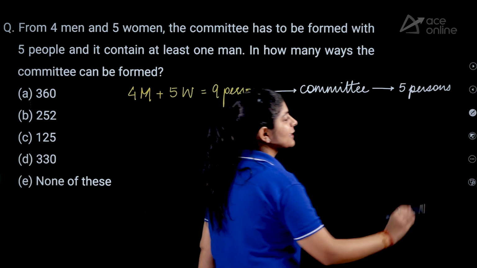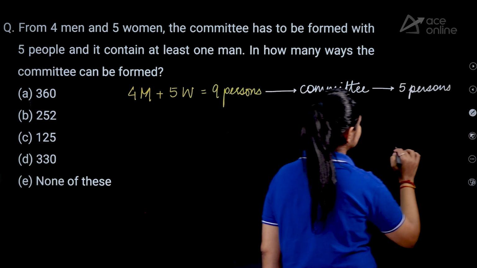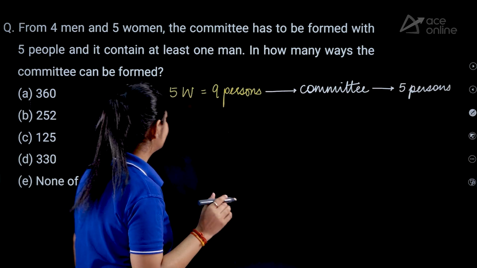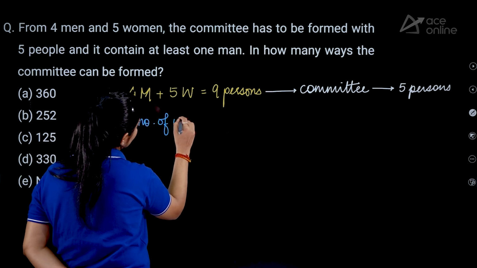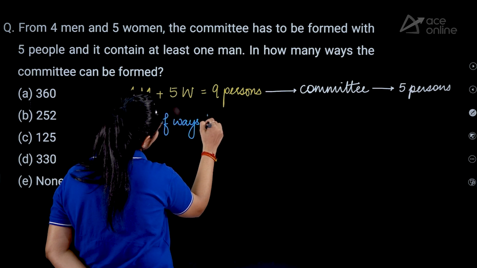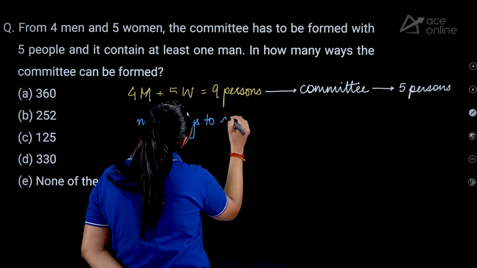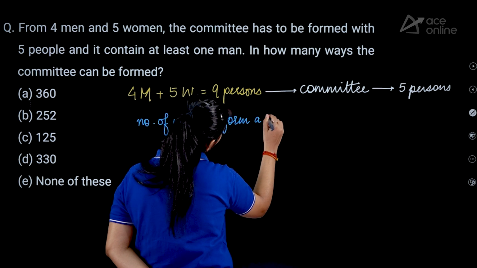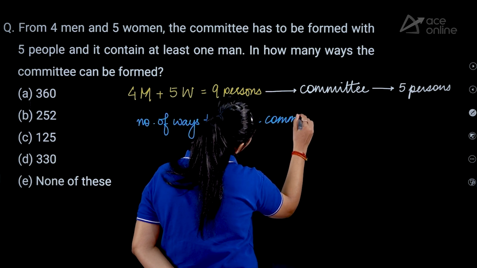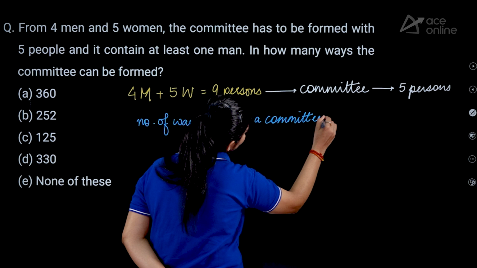Suppose there is no condition given. In how many ways can I form a committee without any condition?